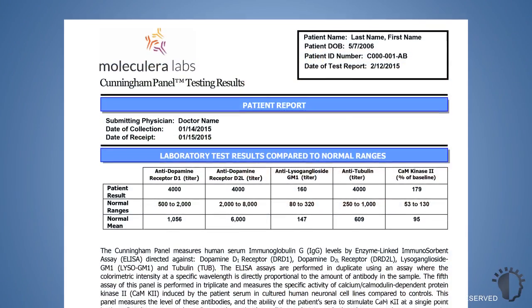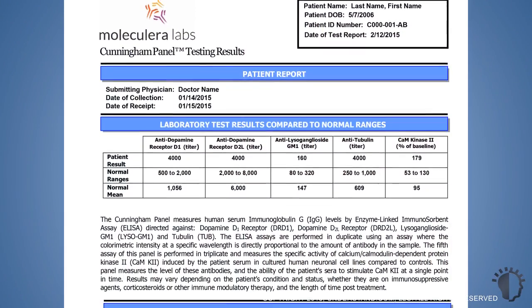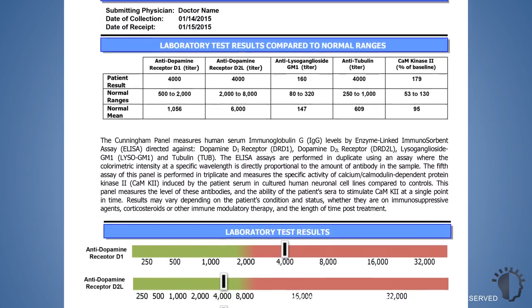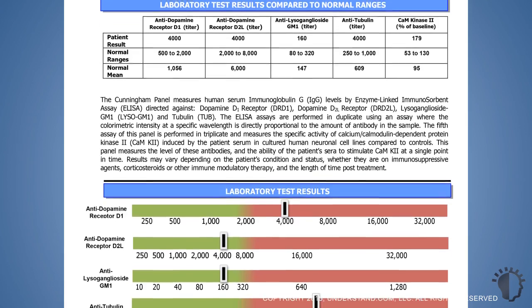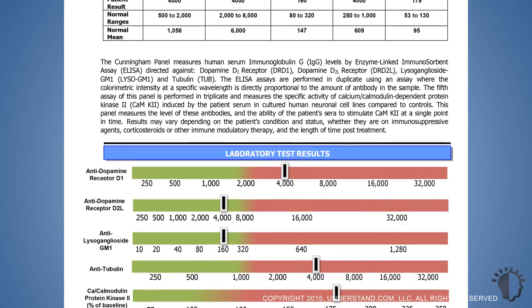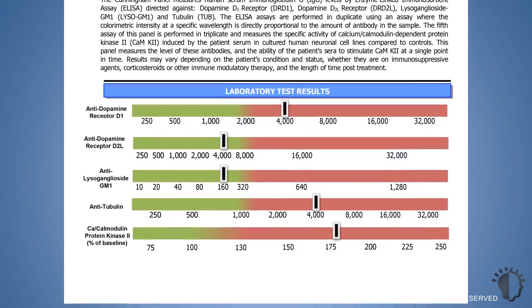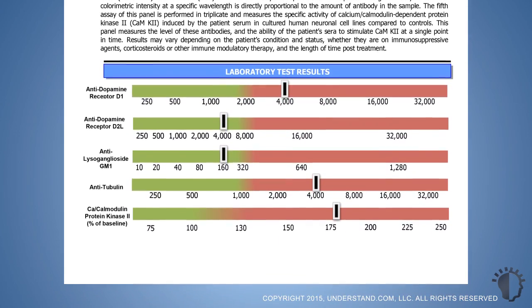The collective results of the Cunningham Panel provide a current assessment of the autoimmune status of the patient at the time the blood sample was taken. It is important to remember that these are metabolic tests, which means that results can vary over time with treatment and with the presence or absence of symptoms.